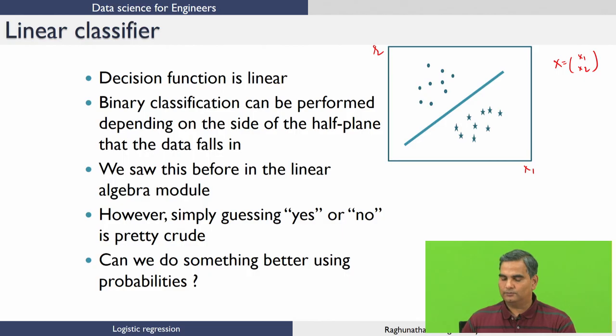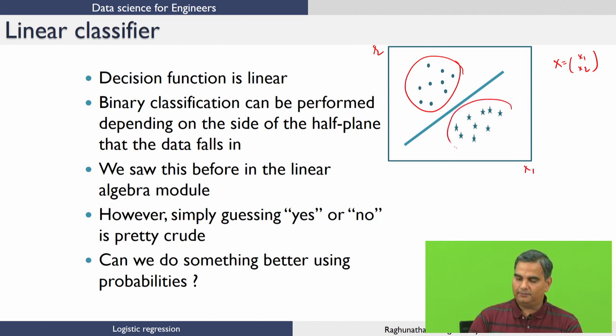Now, let us assume that all the circular data belong to one category and all the star data belong to another category. Notice that circle data would have certain x1 and certain x2, and similarly star data would have certain x1 and certain x2. So, in other words, all values of x1 and x2 such that the data is here belongs to one class, and such that the data is here belongs to another class.